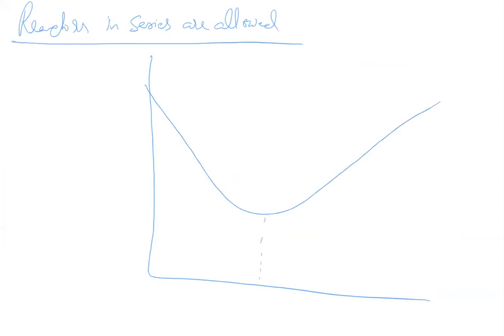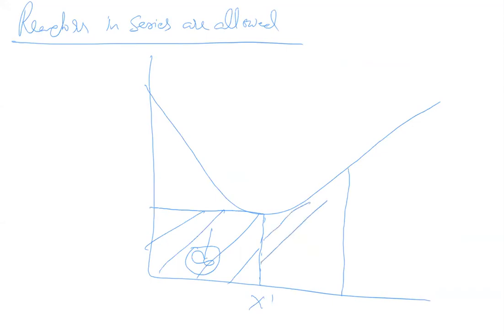Let's say this will be X prime. Up to X prime we will select a CSTR, because up to X prime the area of the rectangle is less than the area under the curve. Beyond this point, you will select the area under this curve, so that is PFR. So the reactor required is CSTR followed by a PFR.